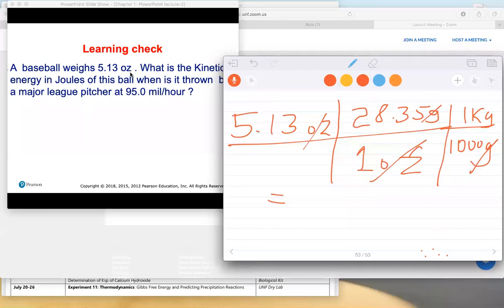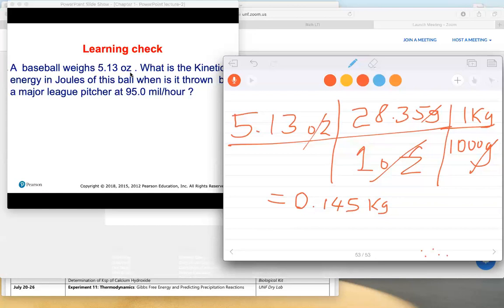That is 0.145 kg, kilogram. It's okay, Ali. We're going to learn from mistakes, so you know how to set up next time.